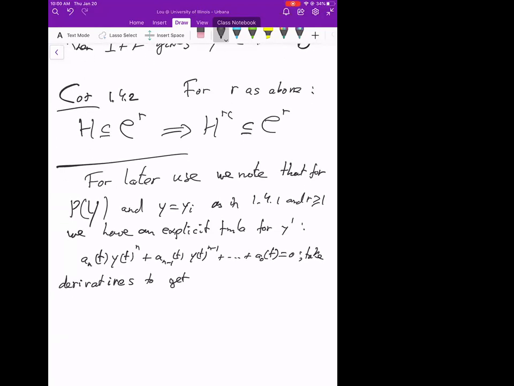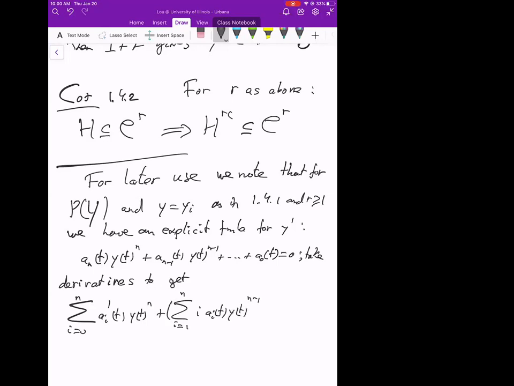Let's say if you use the product rule for each of the terms, you get the summation i is 0 up to n of a_i prime(t) y(t) to the power i, plus the summation i is 1 up to n of i a_i(t) y(t) to the power i minus 1.